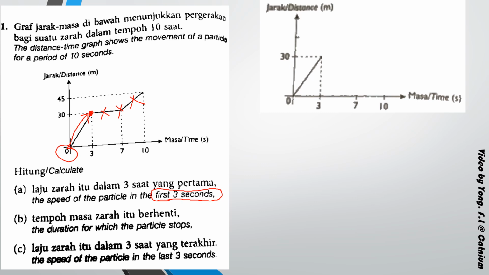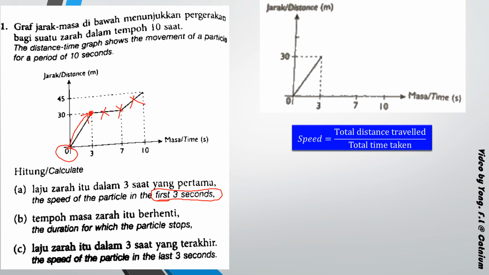The speed formula is the total distance over the time taken. Here is the distance, jarak. This is the axis for the distance, and the distance is from 0 to 30.